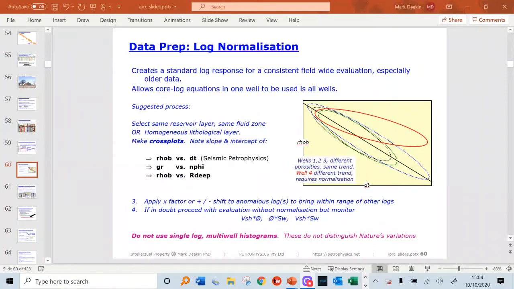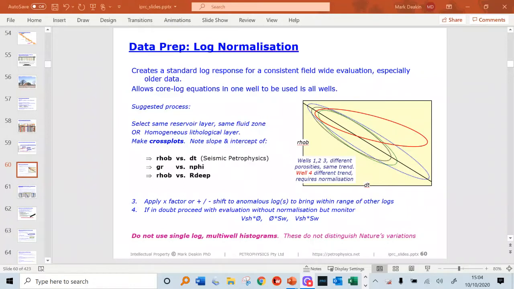Of log normalization. The point that I want to make about this is that you must use 2 parameters, not 1. Don't use histograms where you've got 1 parameter from all different wells, say RHOB, put onto a histogram of the different wells, because of course different wells might have different values for that parameter.